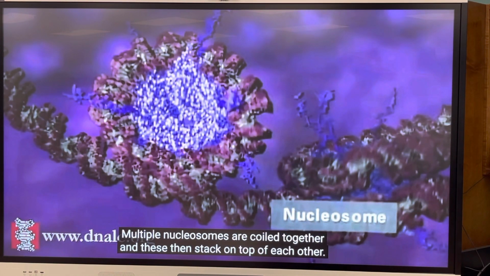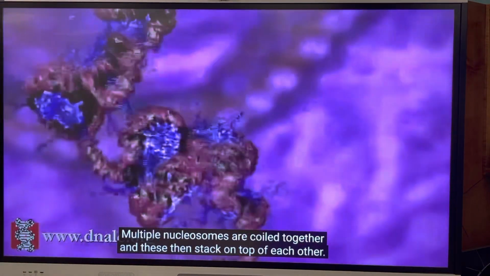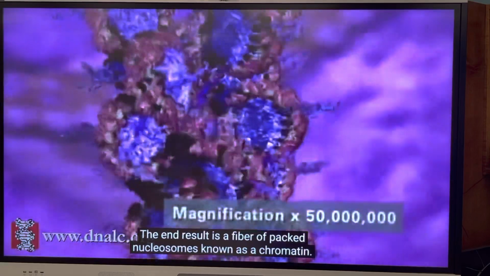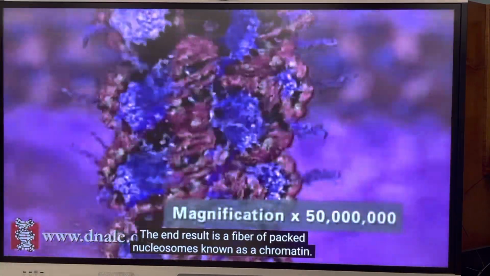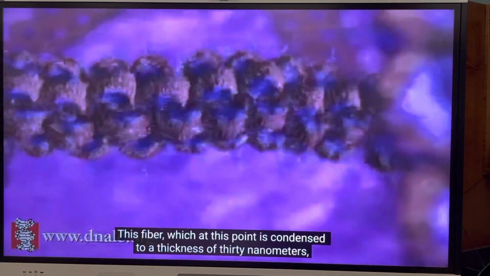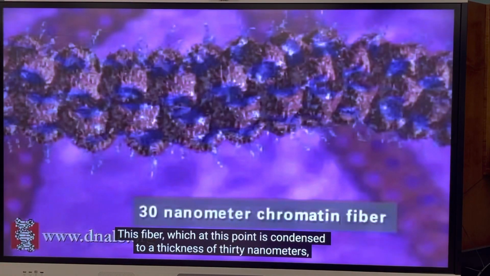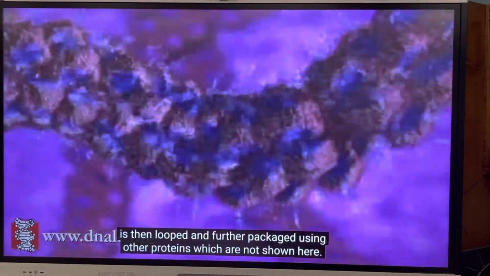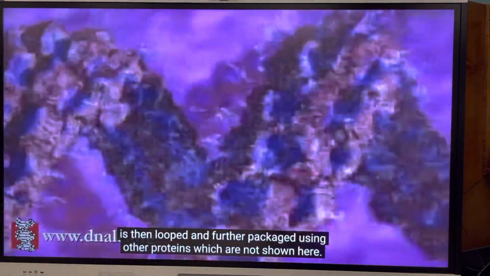Multiple nucleosomes are coiled together, and these then stack on top of each other. The end result is a fiber of packed nucleosomes known as chromatin. This fiber, which at this point is condensed to a thickness of 30 nanometers, is then looped and further packaged using other proteins which are not shown here.